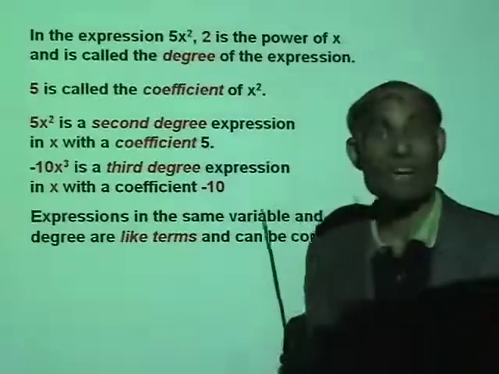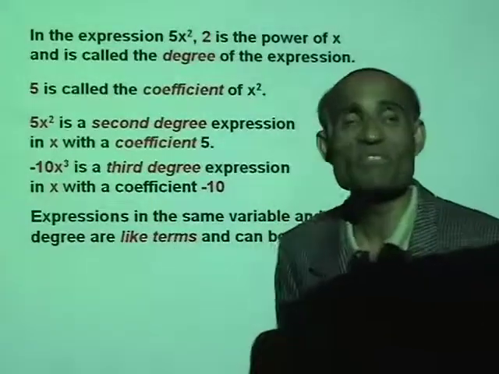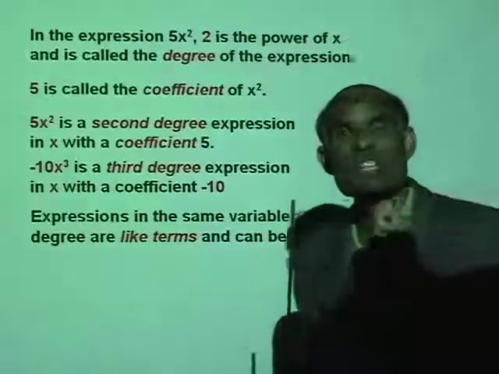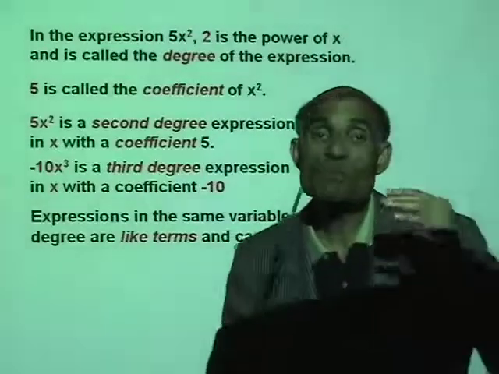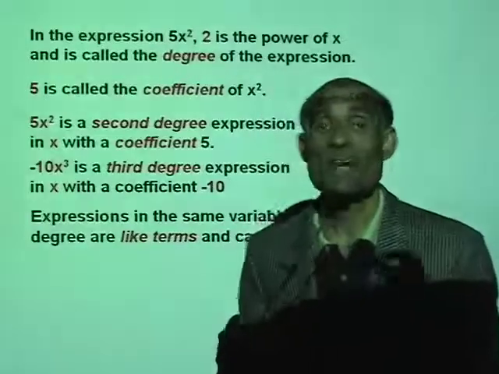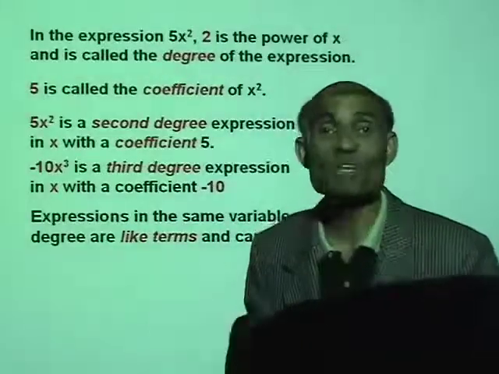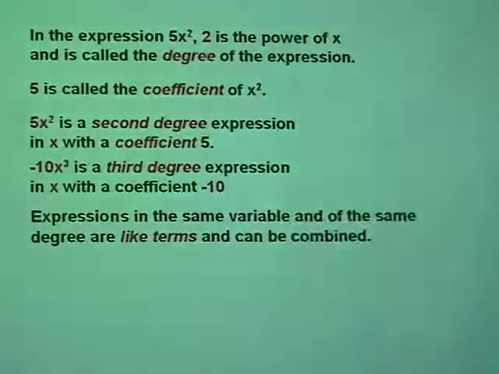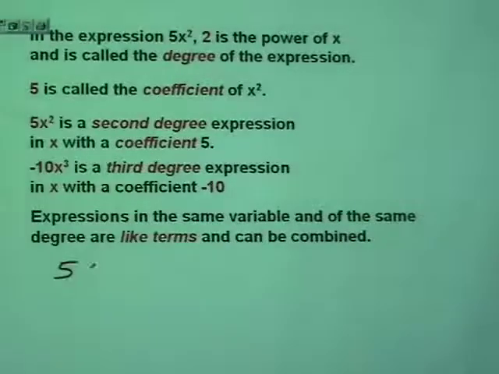You see, we talked about like terms. What is the definition of like terms? Like terms will be all of the same degree, and the variables will also be the same. For example, I'm going to write down some like terms. Look at this. 5x cubed, 2x cubed, negative 3x cubed.